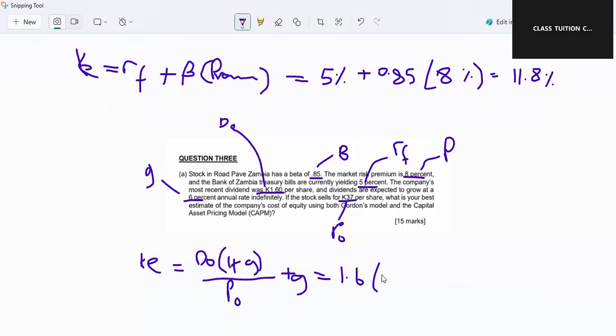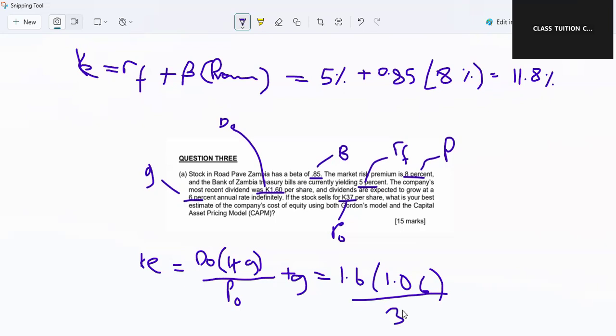Our growth rate is what? What is our G? 6%. 1.06 over P0, which is what? 37 plus what?